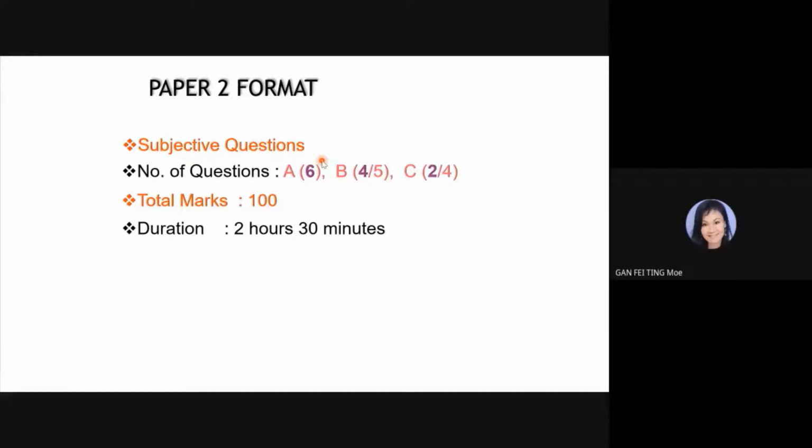Starting from now, you should train yourself to sit properly for 2 hours and 30 minutes each time you do your revision, to train yourself to sit still at that moment. Otherwise, in the exam, because you're not used to it, you might feel restless. So this is also very important.